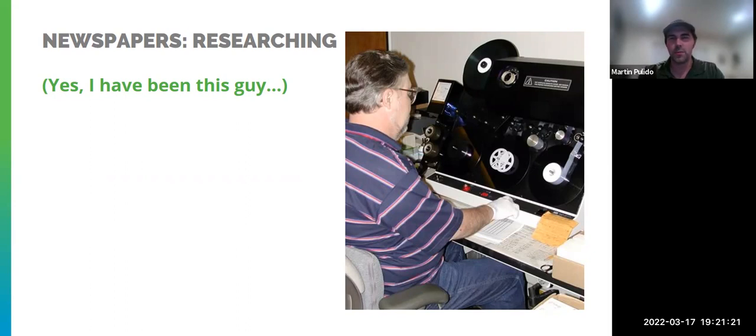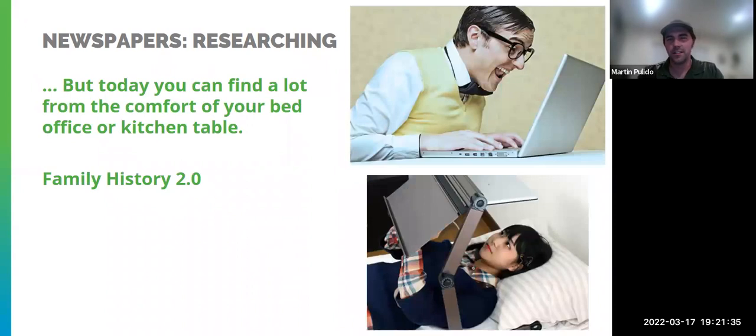And it was really painful. Sometimes you'd find stuff and you'd call Eureka out, and other times you'd find nothing and you'd spend hours and hours and hours and you're just really frustrated. So luckily, we don't have to be that person too much anymore. We no longer have to be cranking that microfiche roll too much.